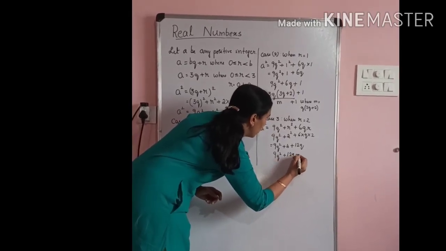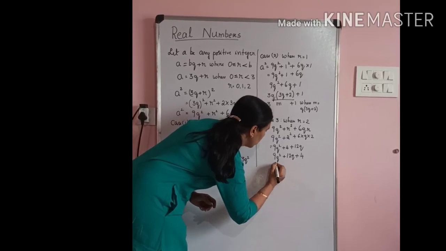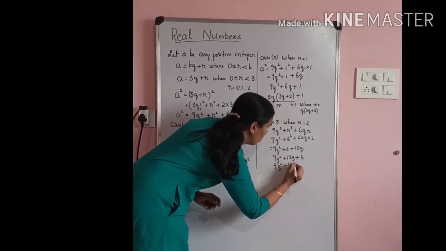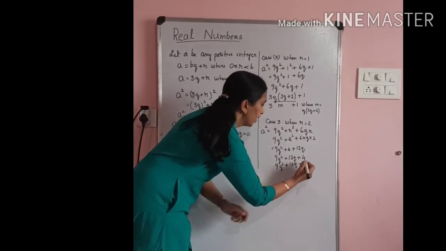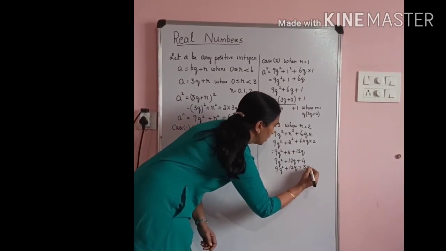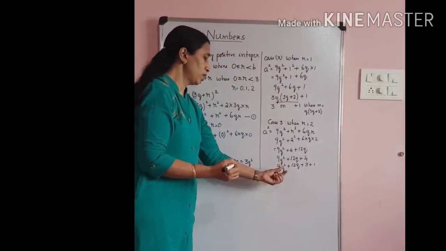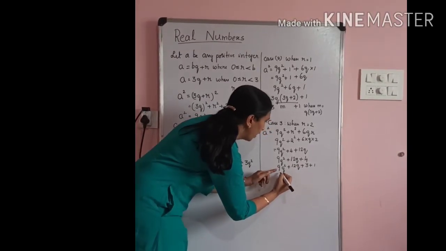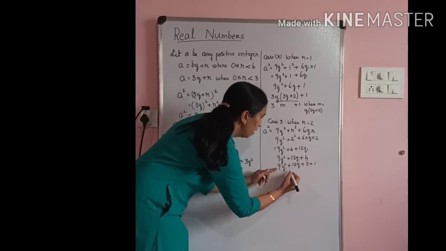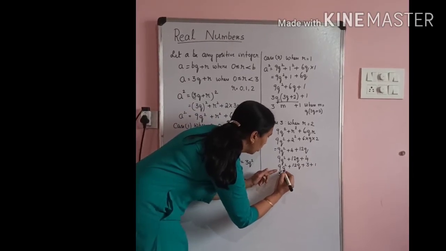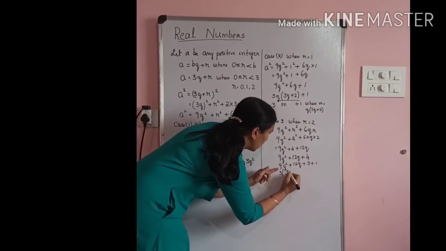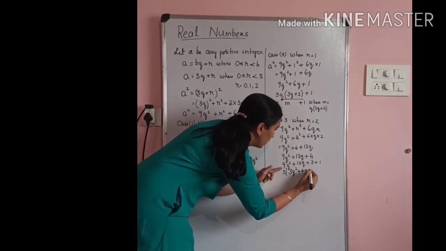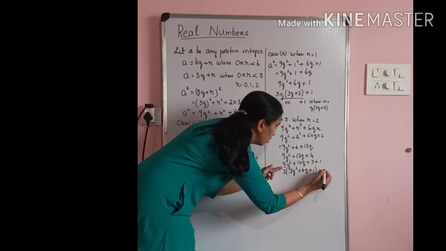Now we will rearrange it as 9q square plus 12q plus 4. This 4 we can split as 3 plus 1, because we have to get the form 3m plus 1. So 9q square plus 12q plus 3, we have 3 as common. The remaining terms are 3q square plus 4q plus 1, plus 1.